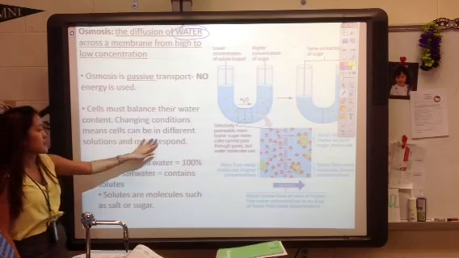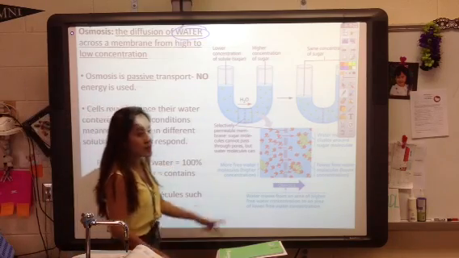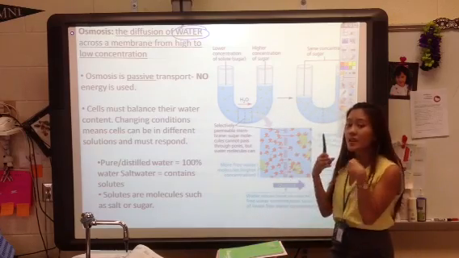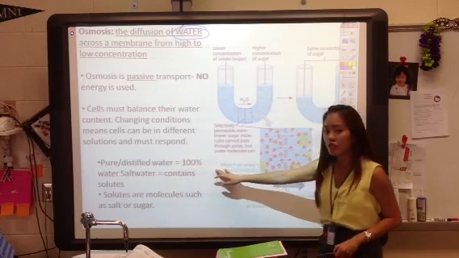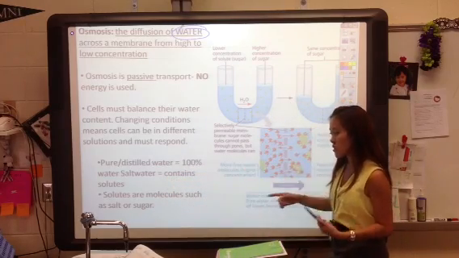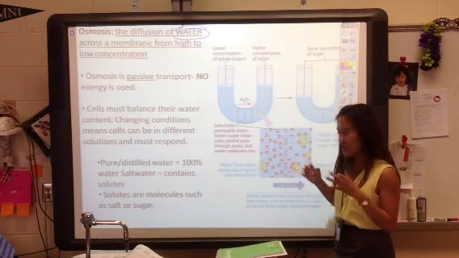Changing conditions mean cells can be in different solutions, and they actually have to respond to that. So if you put a cell in a solution with lots and lots of water, it's actually going to take in more water. Pure or distilled water is 100% water. Salt water is going to contain solutes, and solutes are just molecules such as salt or sugar that's dissolved in there.